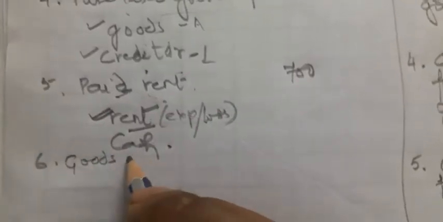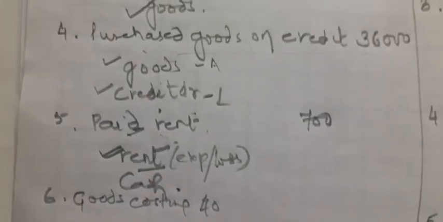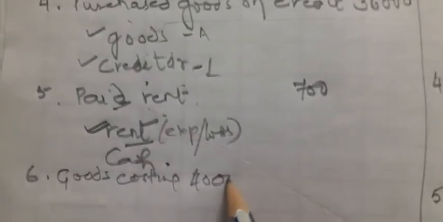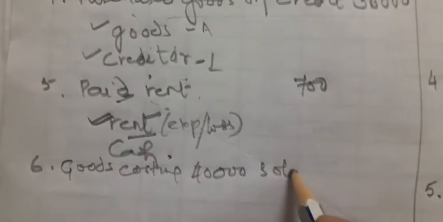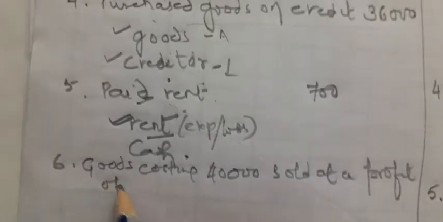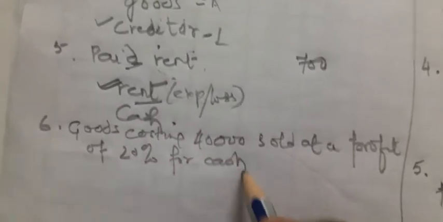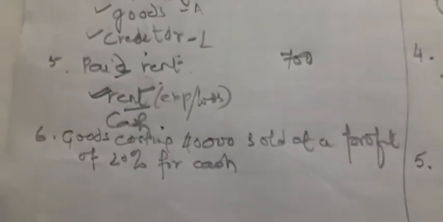Now transaction number 6. Goods costing 40,000 sold at a profit of 20% for cash. Goods have been sold on cash but at a profit.